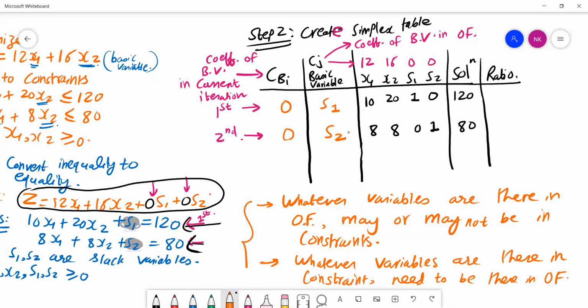So this is the rule of the mathematical model. Why? Because you are saying, okay, I am imposing this constraint over this particular variable. But without the usage of that variable in the objective function, how can you impose the constraint?